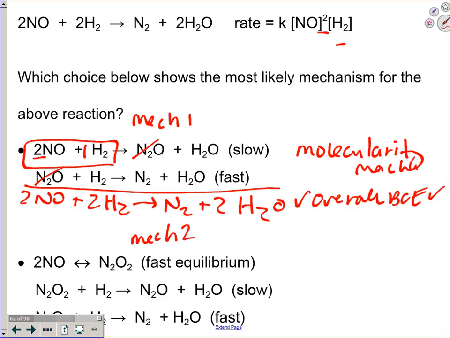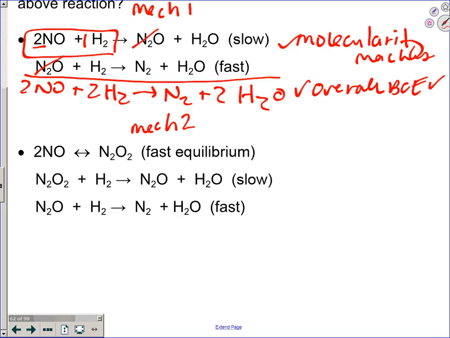Okay, so now how about the next one? So this is viable mechanism 1. Is mechanism 2 viable? Let's check the overall first. Carrington, what cancels? Yes, N2O2, okay, and 2O.